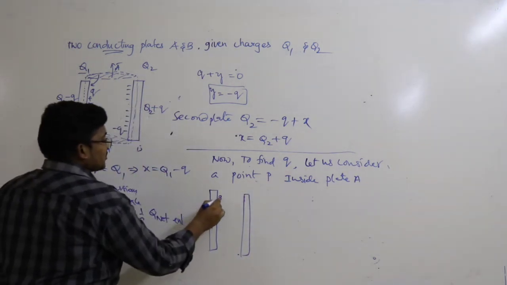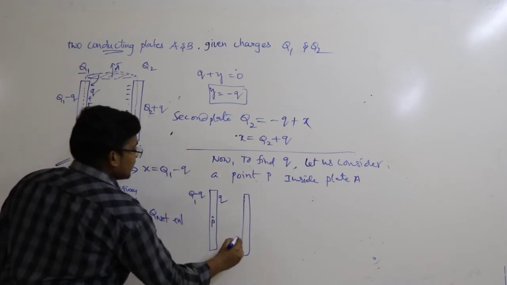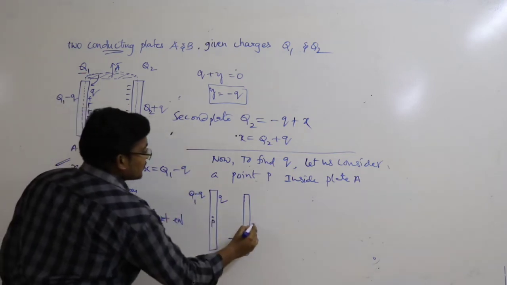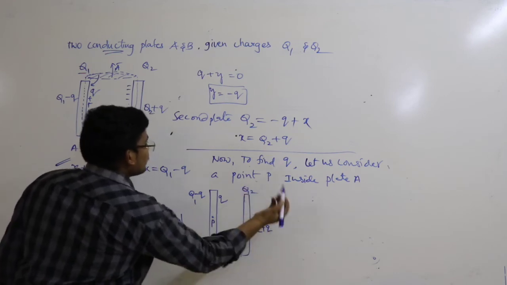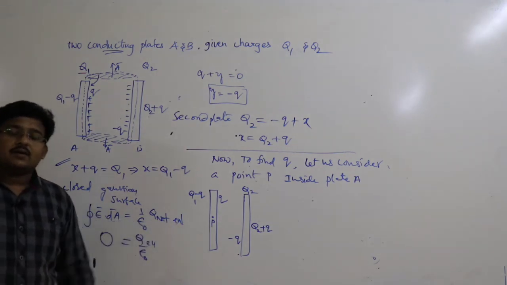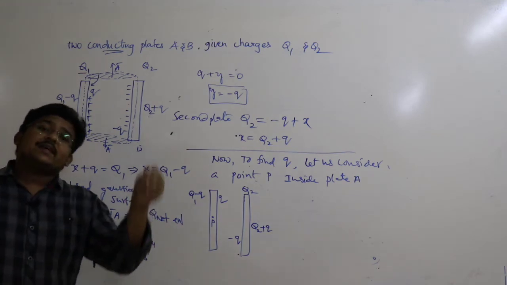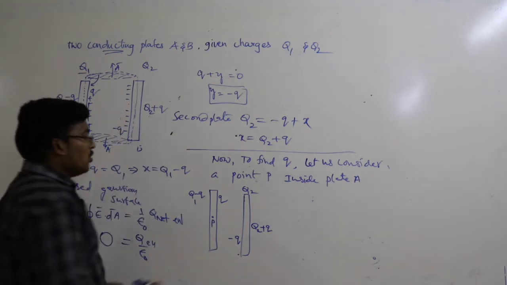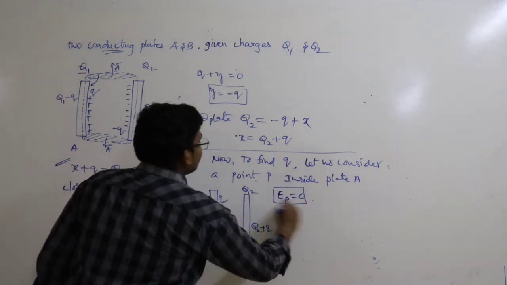So as you know that this is small q, this is Q1 minus small q, this is minus q, this one will be Q2 plus small q, the total charge is Q2. Now when we take a point P inside, what is the field at the point? As the point is inside the conductor, field is 0. Now can I say the field at point P must be 0?